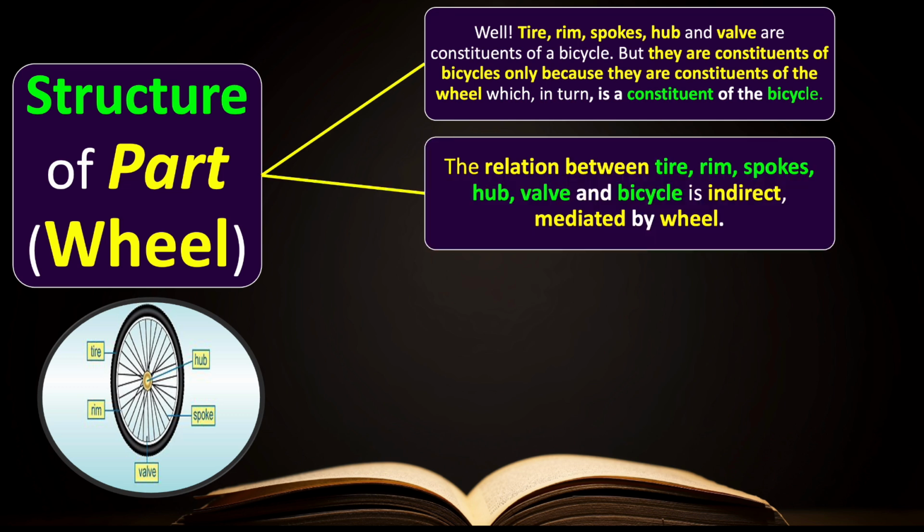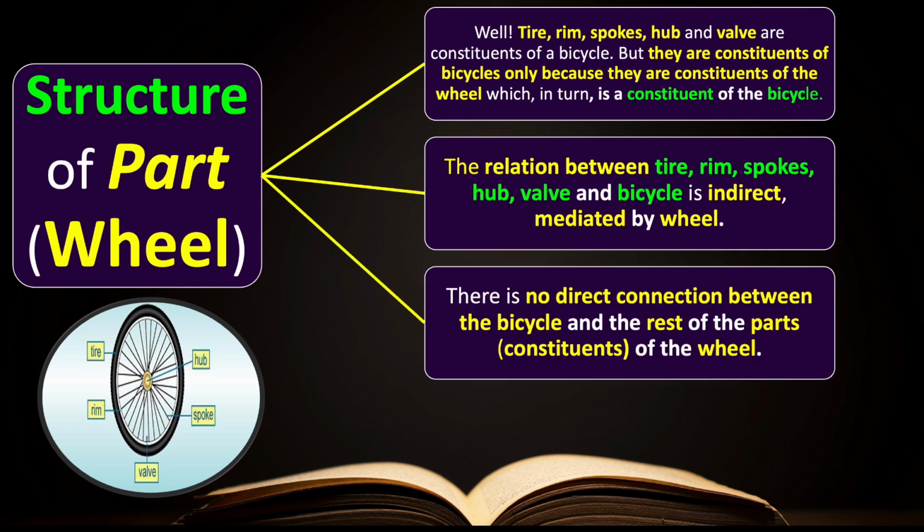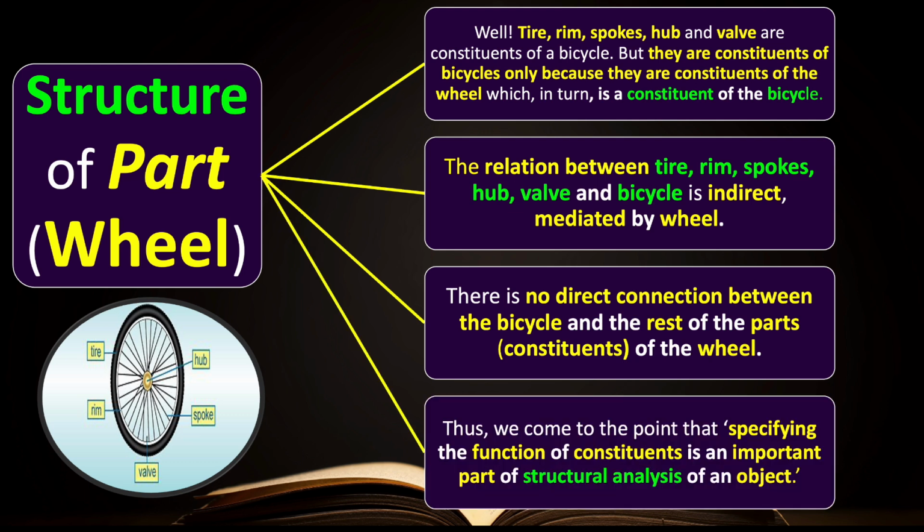The relationship between tire, rim, spokes, hub, valve and bicycle is indirect, mediated by wheel. There is no direct connection between the bicycle and the rest of the parts, constituents of the wheel. Thus we come to the point that specifying the function of constituents is an important part of structural analysis of an object, of a thing.